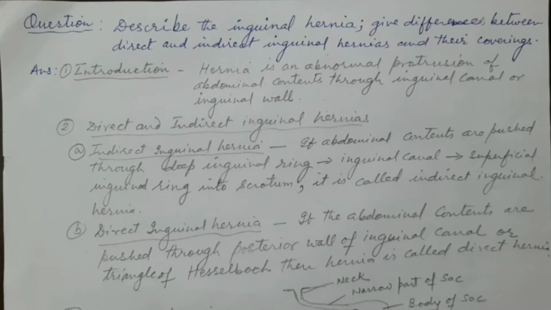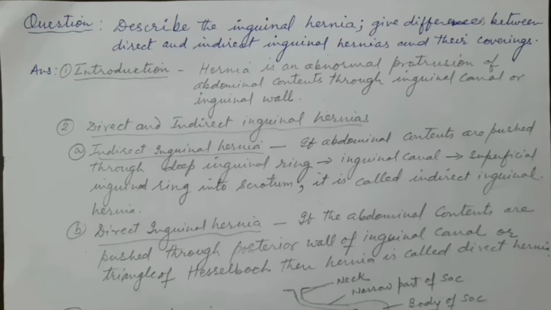So it is an abnormal protrusion where the contents of the abdominal cavity come out through the deep inguinal ring, which is an opening, and then they pass through the inguinal canal, and then they come out through the superficial inguinal ring, which is a slit-like opening in the aponeurosis of the external oblique abdominis.